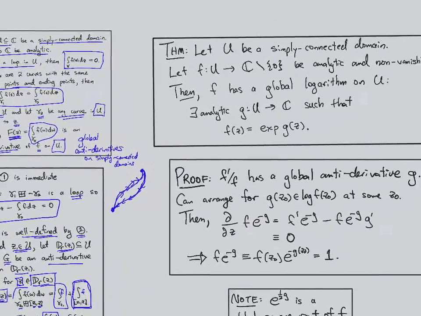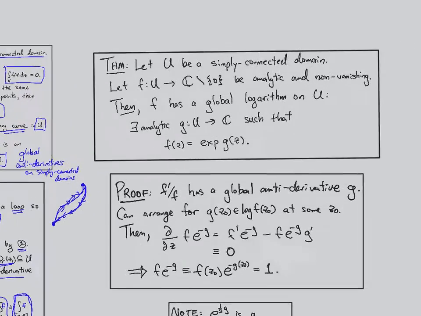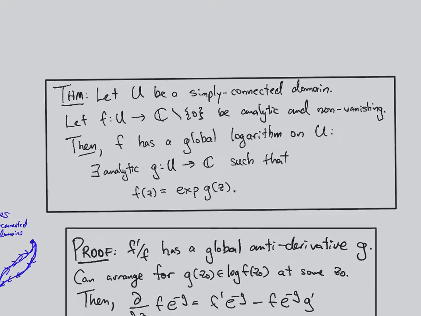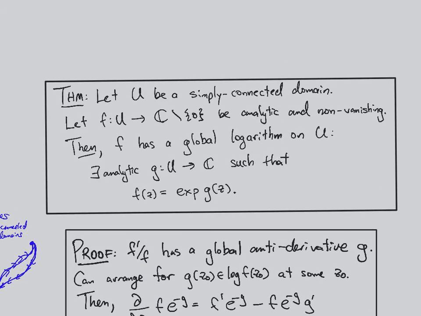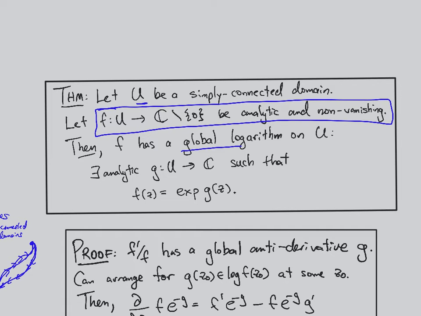An important consequence of this is that on simply connected domains, non-vanishing analytic functions have global logarithms.